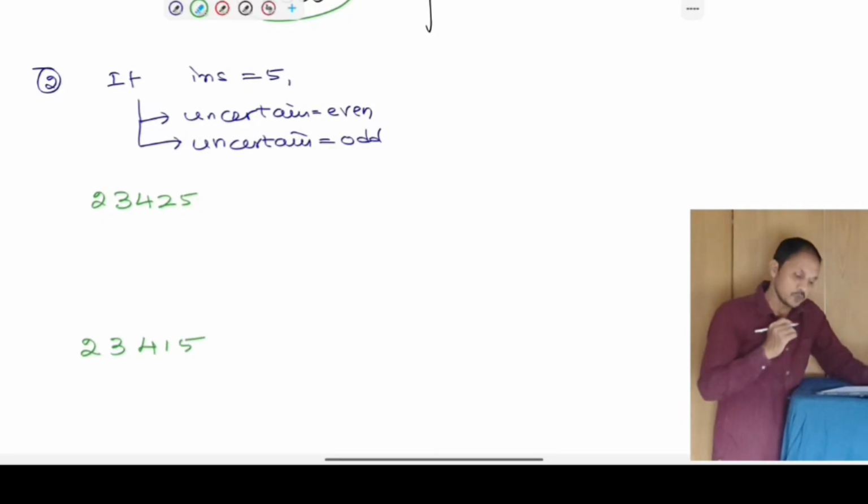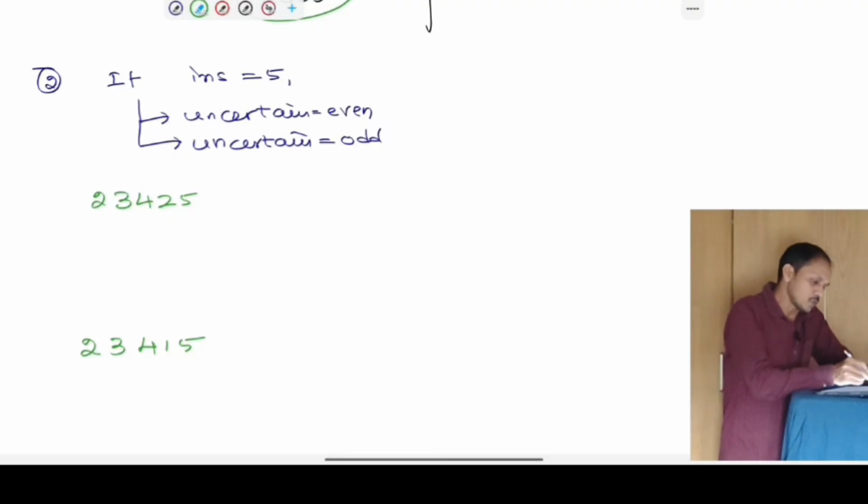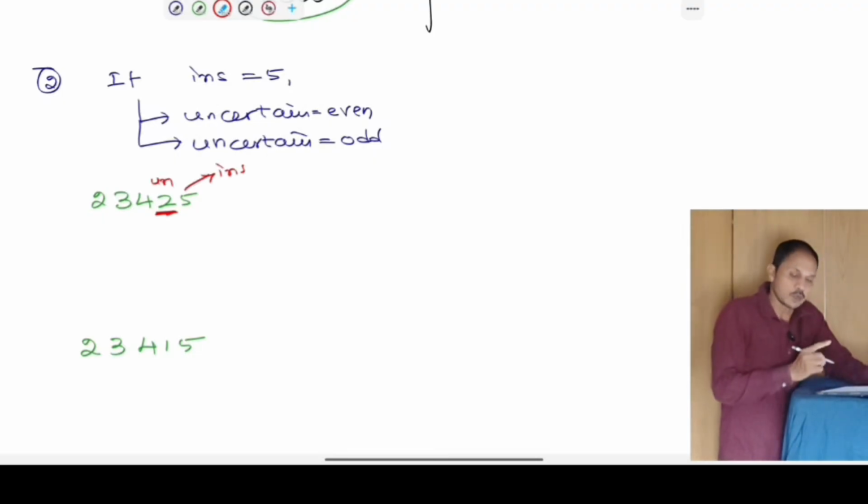Now each one is having 5 significants. I asked you, round off to 4 significants. Then what will you do? In the first number, 2 is uncertain, 5 is insignificant, right? It is equal to 5. Now what to do? Uncertain, even or odd? It is even.